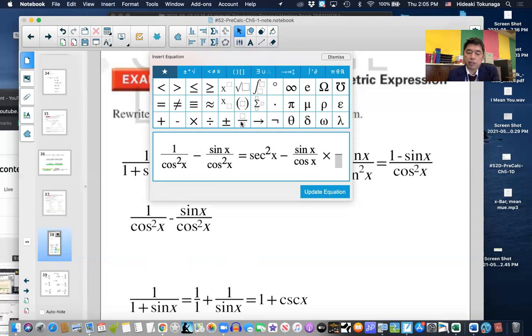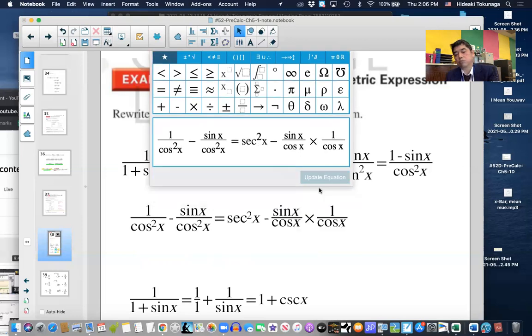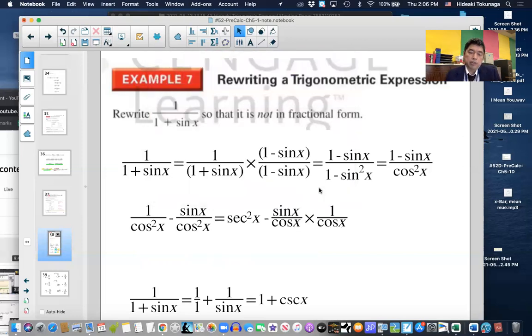You can just write 1 over cosine x. Is this equivalent? Yes, because cosine x times cosine x is cosine squared x, and sine x times 1 is sine x.